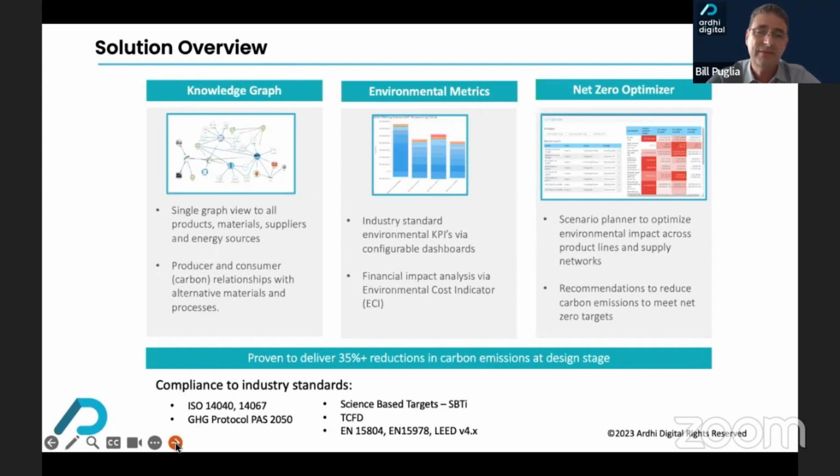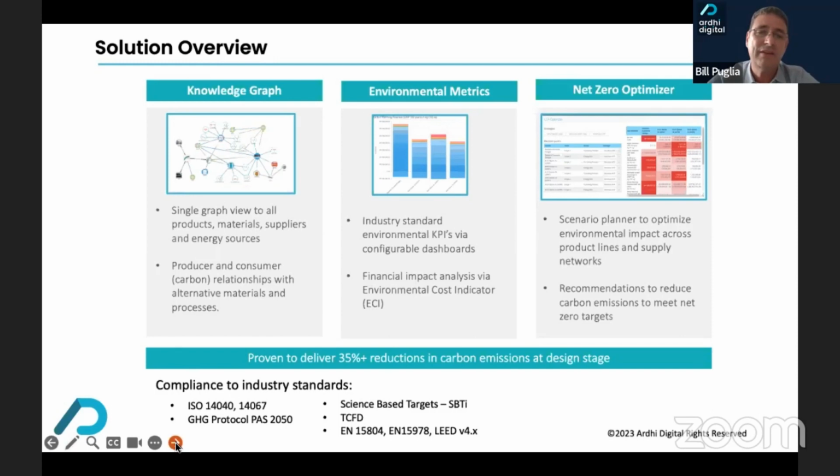Today, a lot of this information is collected in spreadsheets and in various forms and is very labor intensive and cumbersome to collect. And it's not very easy or visual to understand. In our case, we use a knowledge graph which looks at circularity across data silos and automatically identifies carbon pathways, which allow you to easily identify carbon hotspots or guilty parties.